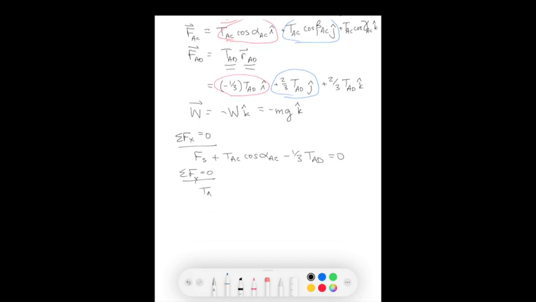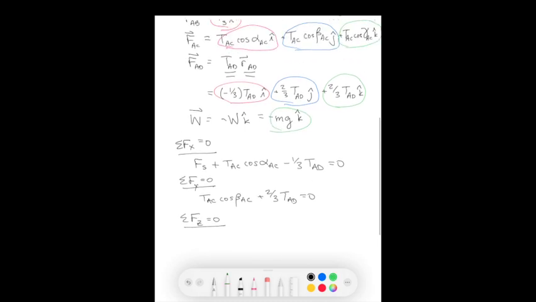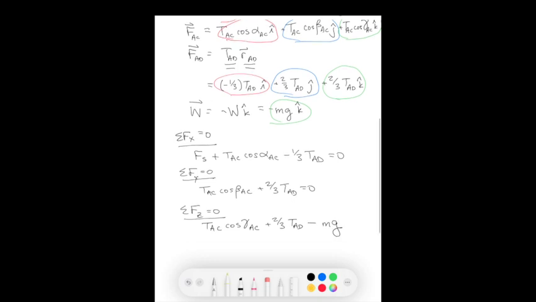So here we have TAC, and now we want to do the z direction.